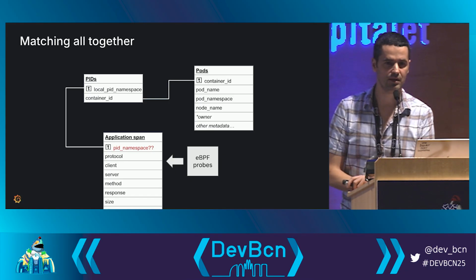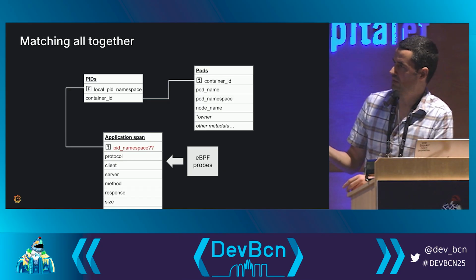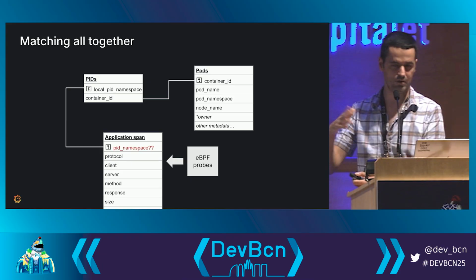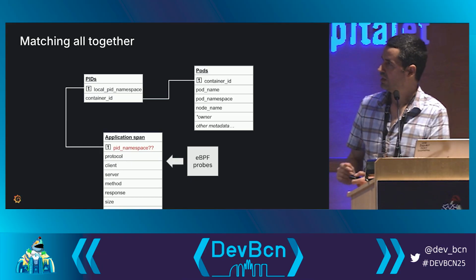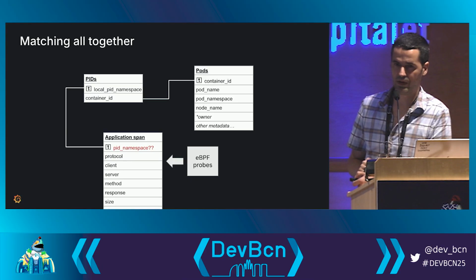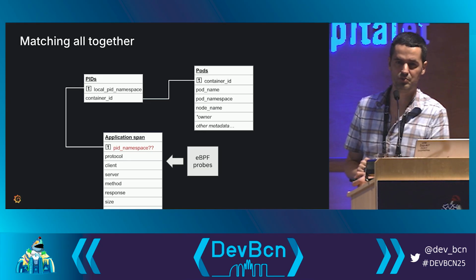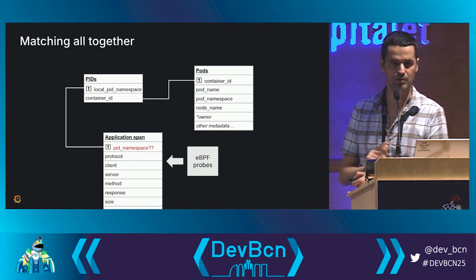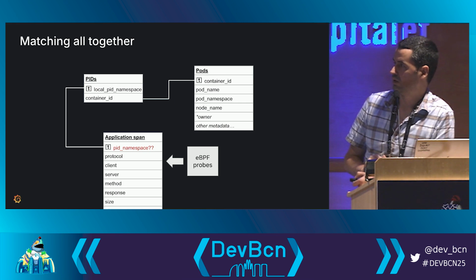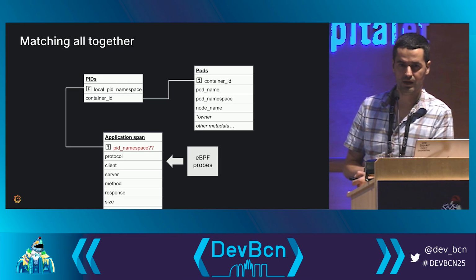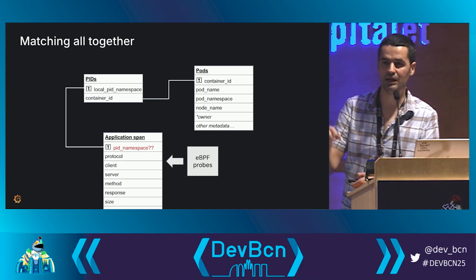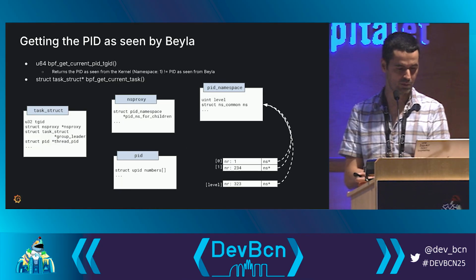This application span has a PID, and it has a lot of information like protocol, client, server, method, bundle size, and it has a PID namespace. But as we said, this PID namespace can be pretty different depending on whether you get the information from the eBPF probe or from Beyla, depending on the deployment mode.